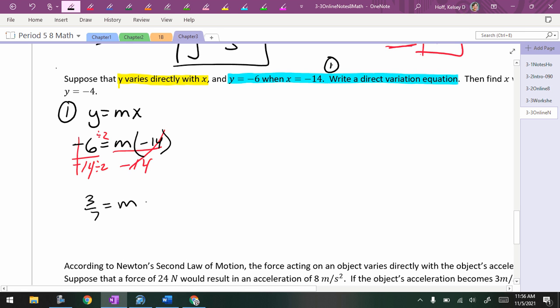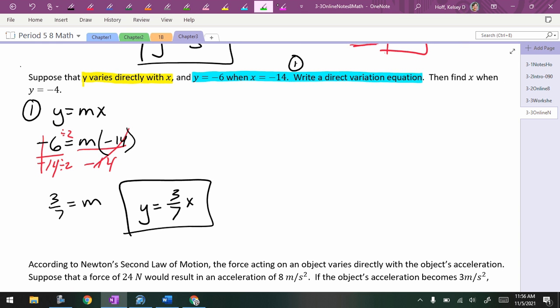Somebody who has not answered for me, what can you tell me my equation is? Did I already call on you? Go ahead. I'll let you go anyway. Say it again. Y equals. There you go. I heard somebody help you. Don't forget the x.